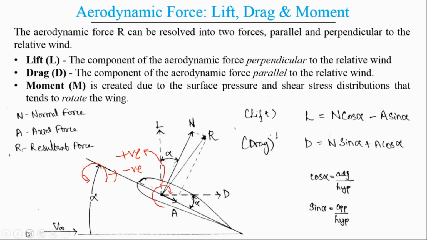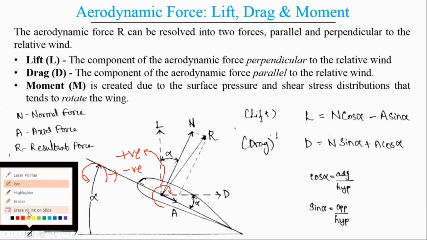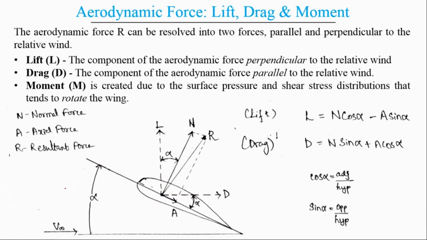So we have defined these forces. How do we obtain them? Now we have a normal force and an axial force. As I said, the normal force and axial force are over here, and as a resultant of these two, we obtain a resultant force. This is the resultant aerodynamic force.